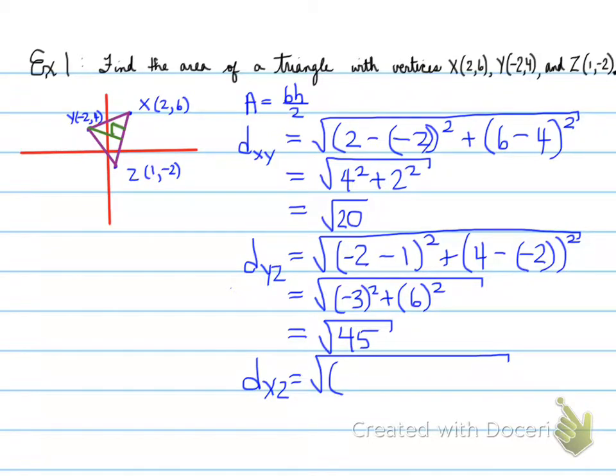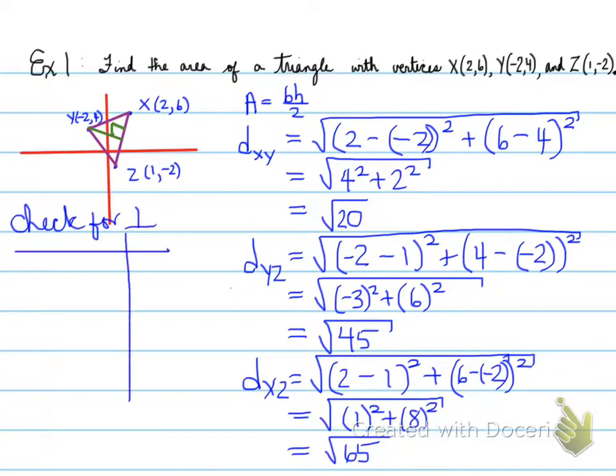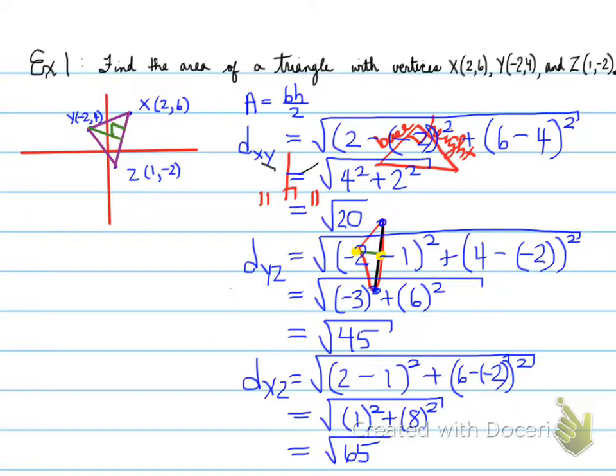And the last one turns out to be root 65. What does that mean for us? Let's go back. We have root 20, we have root 45, and we have root 65. Those are the three pieces we do have.